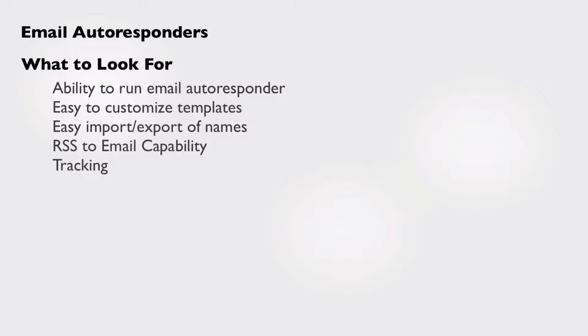So when you're picking an email responder, you're going through that list that I just gave. Here's what you want to look for. Number one, you want to look for the ability to run an email autoresponder. Now, let me be very specific about this. An email autoresponder is a capability or a feature that allows you to send an email immediately to a person once they sign up on your form.